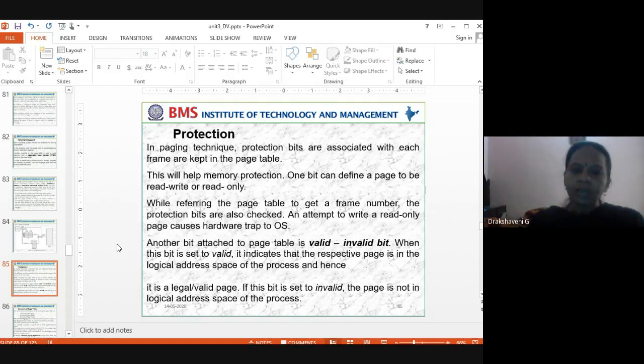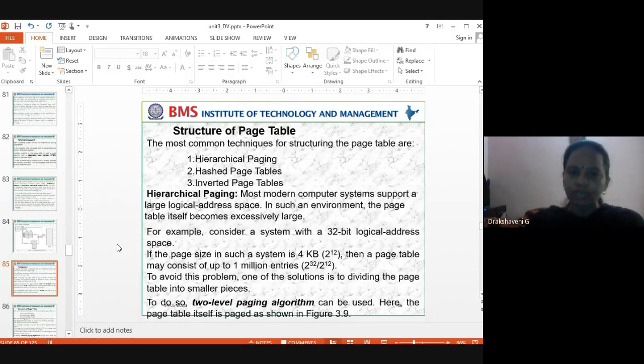When this bit is set to valid, it indicates that the respective page is in the logical address space of the process and hence it is a legal or valid page. If this bit is set to invalid, the page is not in the logical address space of the process. So that's what protection says to us.